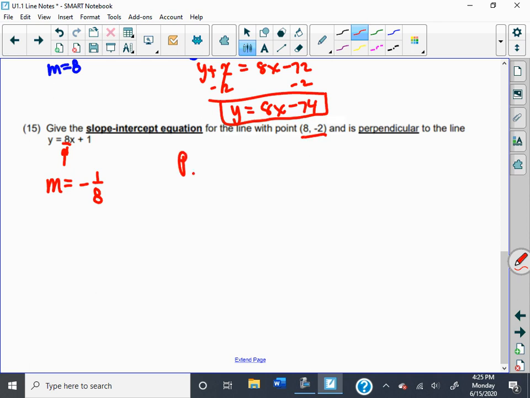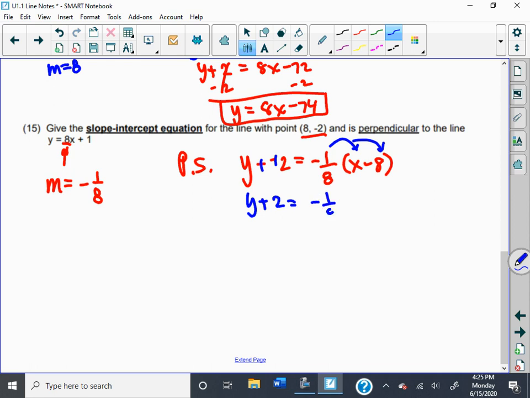So again, we have to use point slope first. So y minus negative 2 equals our slope, negative 1/8, times x minus 8. All right, they don't want it in point slope, they want it in slope intercept. So we'll have to distribute the negative 1/8 in. We have a double negative there. So y plus 2 equals negative 1/8x plus, this is negative 8 over 1.